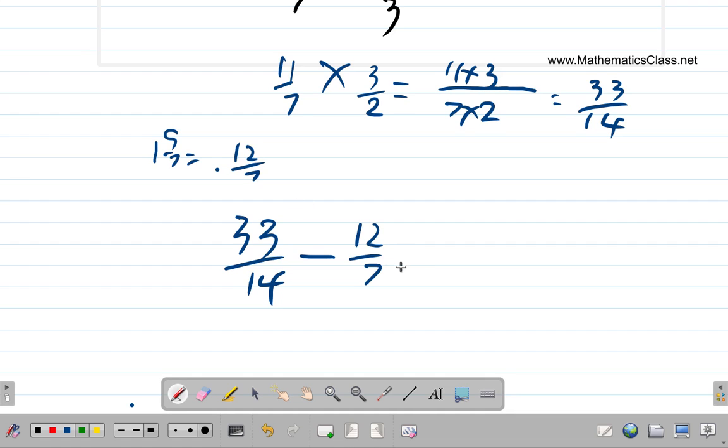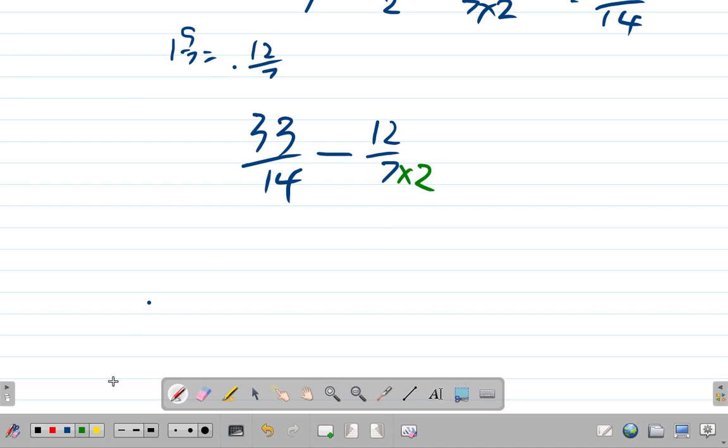So I want everything to come as 14ths. So guess what now? You see the 7, if you multiply the 7 by 2, part of your problem is solved, because what you're going to have is 33 14ths minus something 14ths. But what is that something going to be?